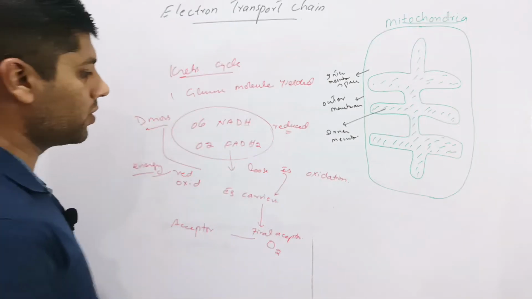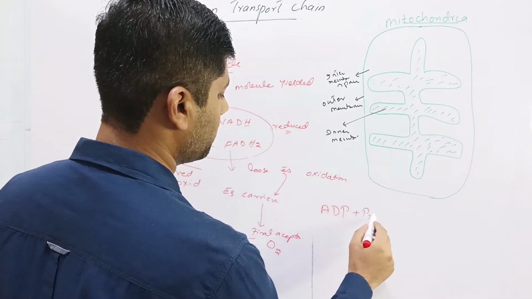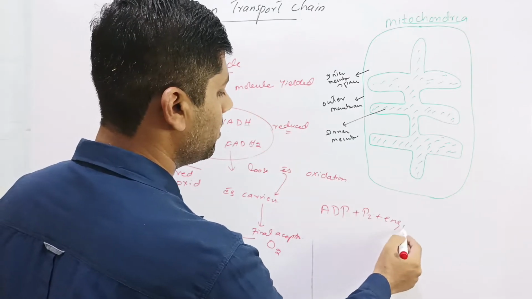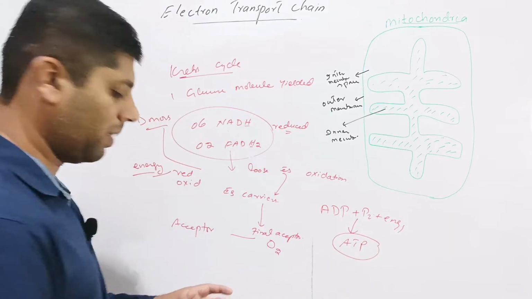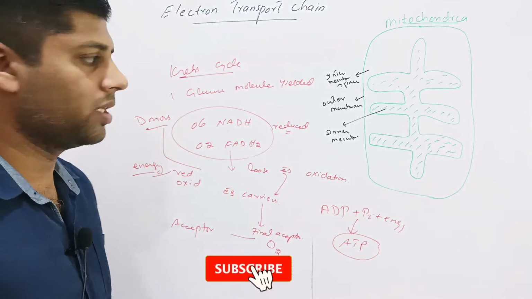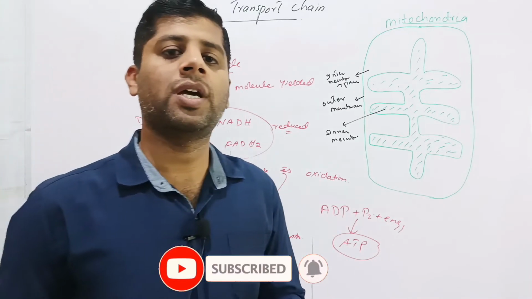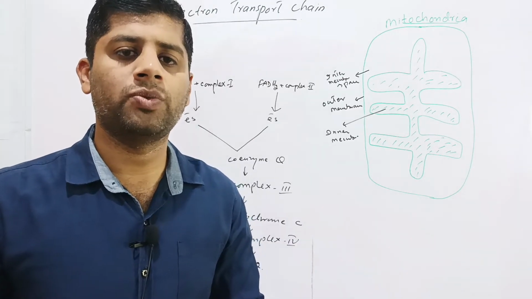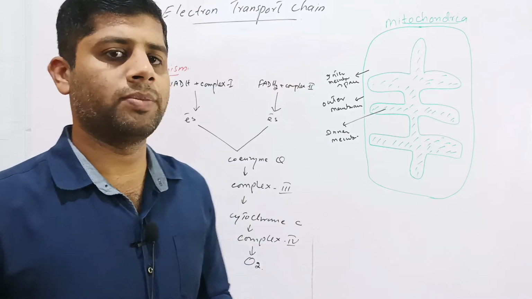And this energy is utilized during the formation of ATPs. The ADP molecule combines with the phosphate in the presence of this energy and produces an ATP molecule. So this is the basic mechanism of the electron transport chain. The electron transport chain is common in both respiration as well as photosynthesis. The mechanism is very simple. It involves all these six components.